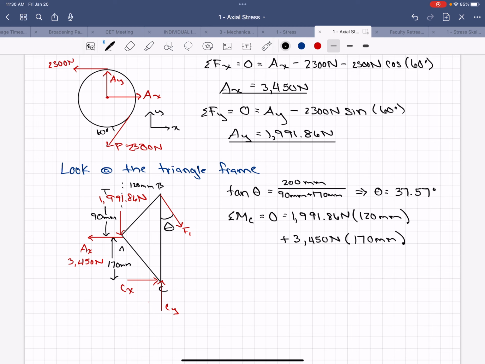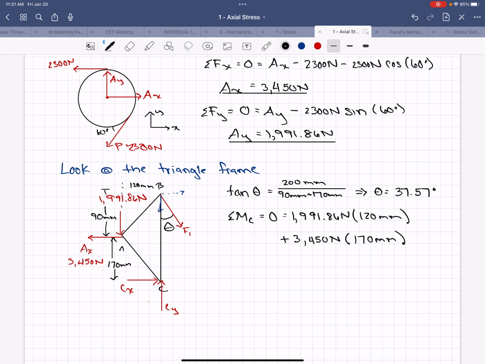And then F breaks up into two components. We would have a Y component that goes through C, so we don't have to worry about that, and then an X component, and that's the part that we'll need to calculate. So that will be the sine of theta. That force is going to spin around C, and it's going to be a negative moment.